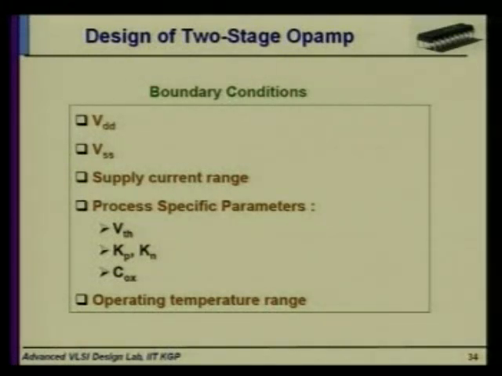There are different technologies: 250 nanometer, 180 nanometer, 130 nanometer. For 250 nanometer technology the power supply is near about 2.4 volt. For 180 nanometer, 0.18 micron, it is 1.8 volt. For 0.13 micron, it is 1.2 volt, and so on. So basically it is near about 10 times the technology.